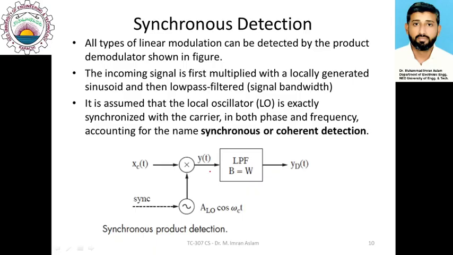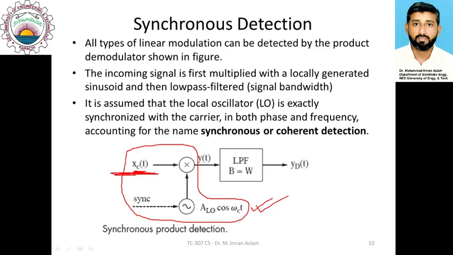So the first stage is to multiply this copy of the local oscillator with the incoming signal. So what changes would it make in the signal if we multiply this local oscillator signal with this carrier wave, or incoming modulated wave?